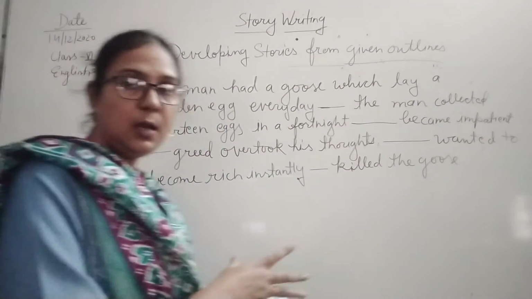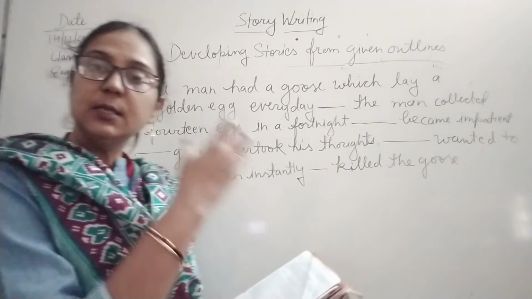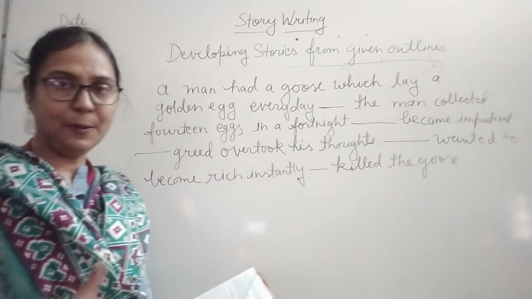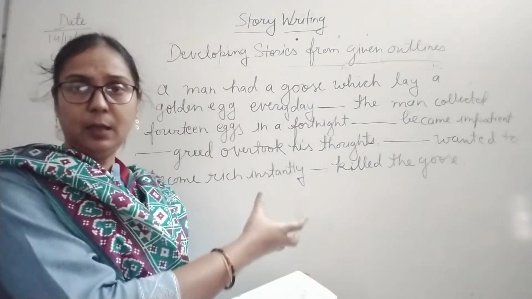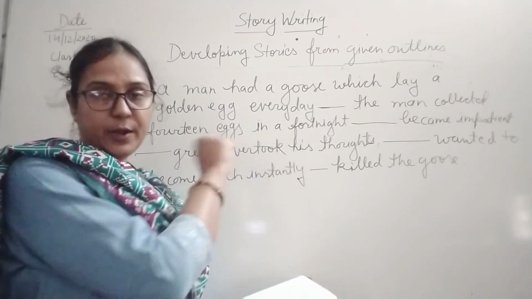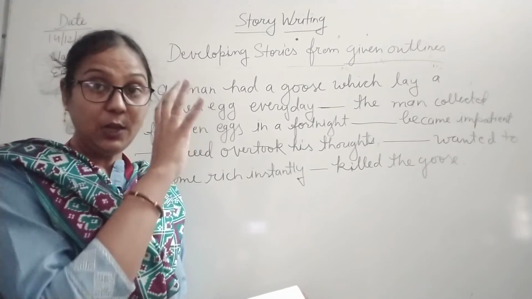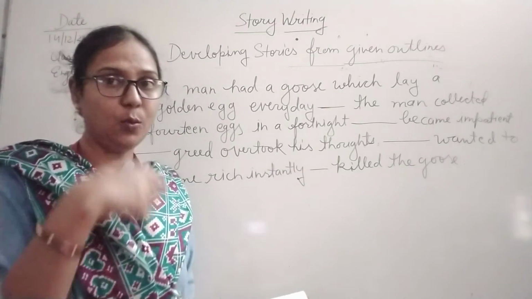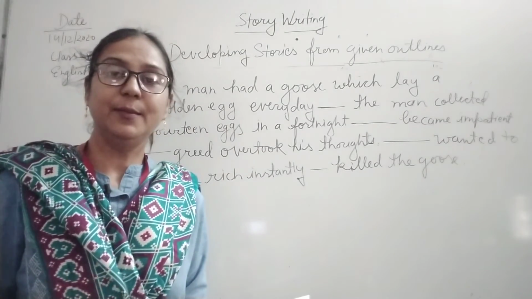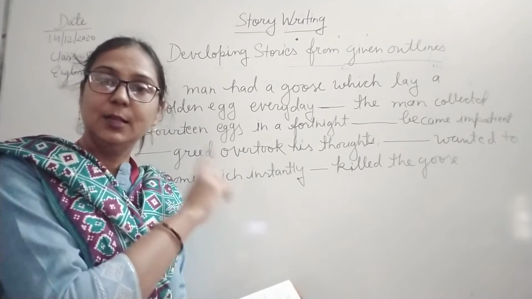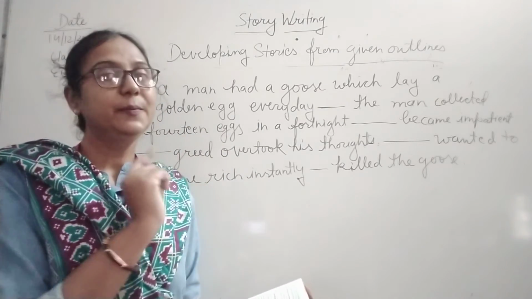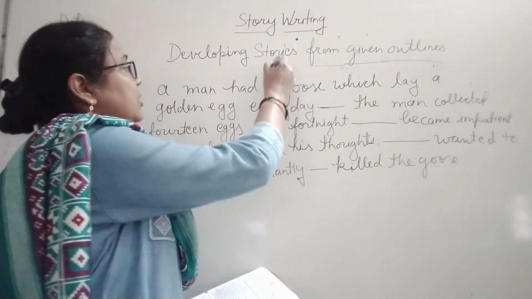And in between, you just create some suspense or some interesting thing inside these points. So these points you have to consider and you will create this story in your own words. So children, this is your homework to create a story.